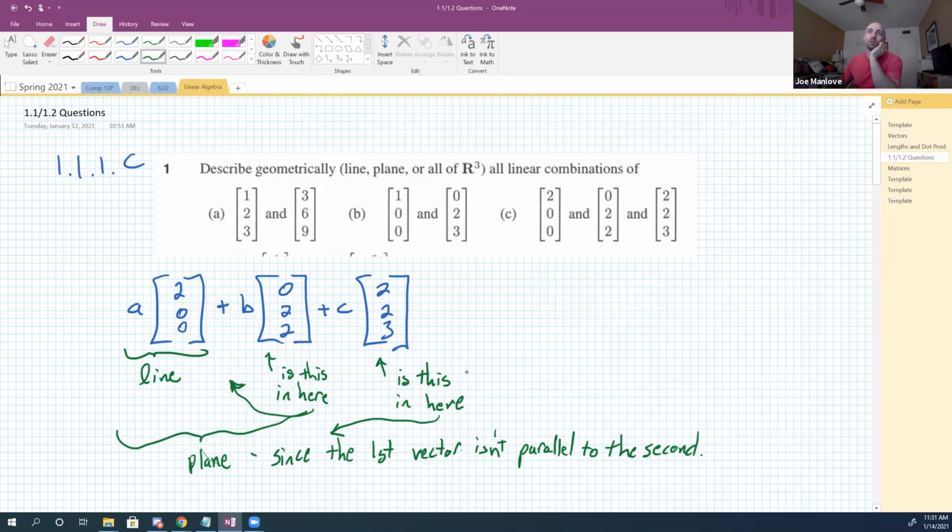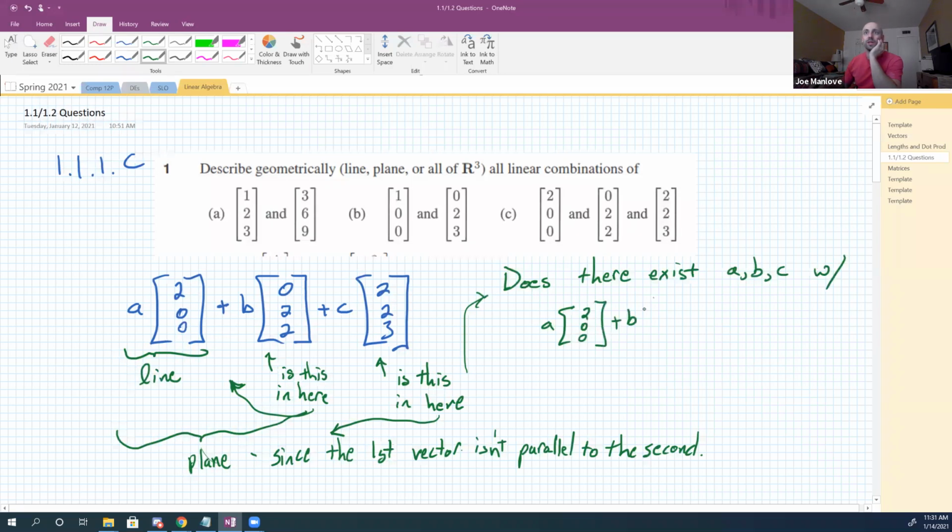So this question, right, amounts to, does there exist A, B, and C with A times 2, 0, 0 plus B times 0, 2, 2 equals C times 2, 2, 3?